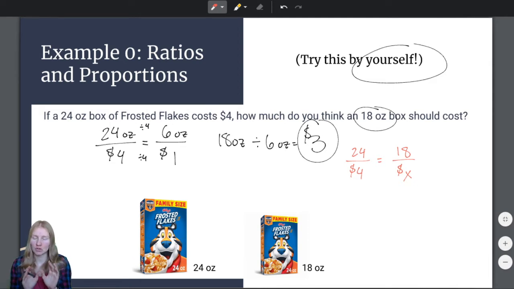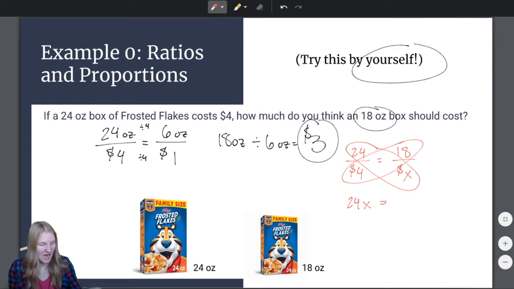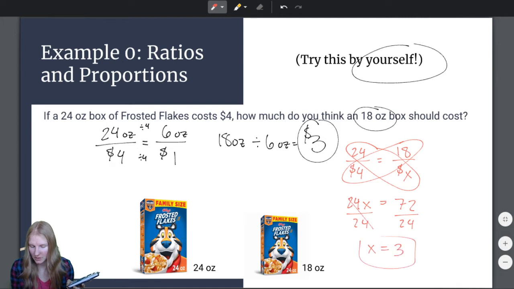And then you can cross multiply, which means you're multiplying the numbers across from each other. So 24x equals 18 times 4, 72. Divide by 24 on both sides, and x equals 3, or $3.